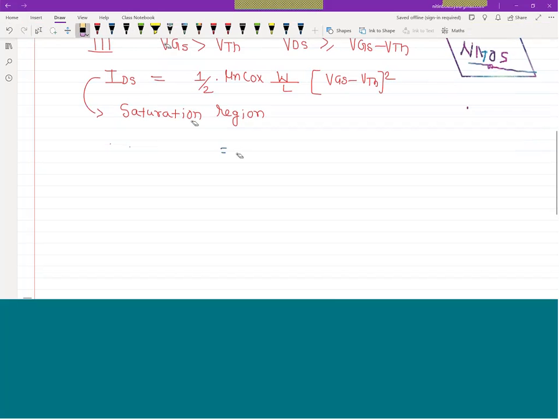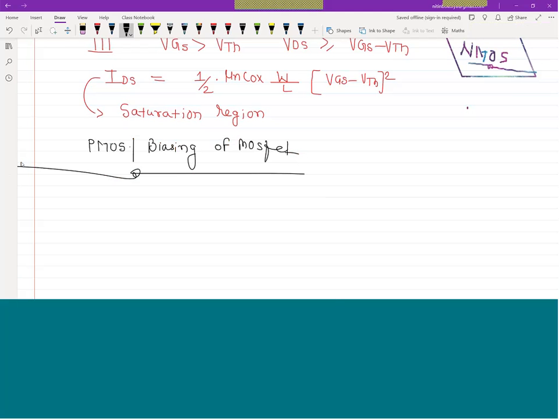So tomorrow will be PMOS and biasing of MOSFET.